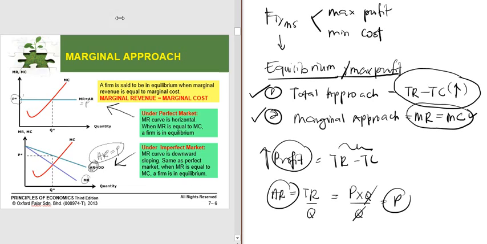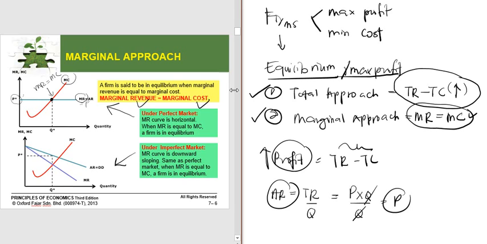Now let's look at the condition here. Look back at the condition of getting equilibrium, which is MR equals MC. In this graph, MR is here, MC is here, and the intersection between the blue curve and the red curve is where MR equals MC.